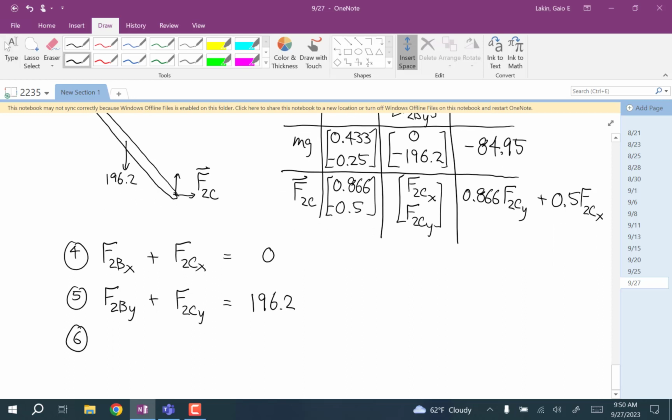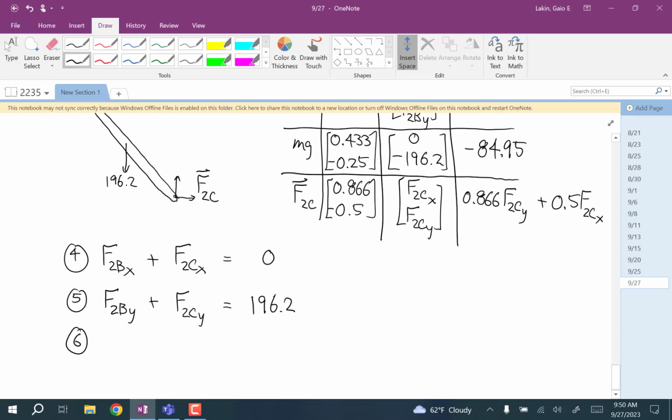And our sixth equation says 0.5 F2CX plus 0.866 F2CY is equal to positive 84.95.